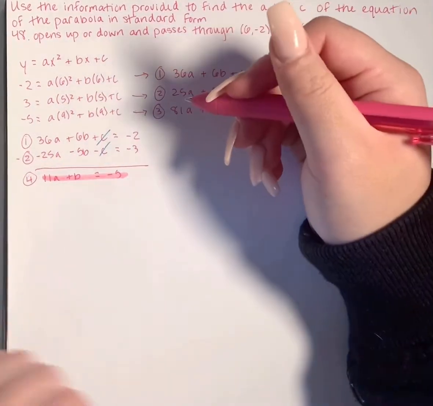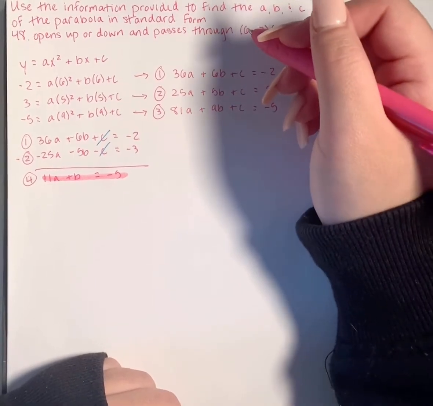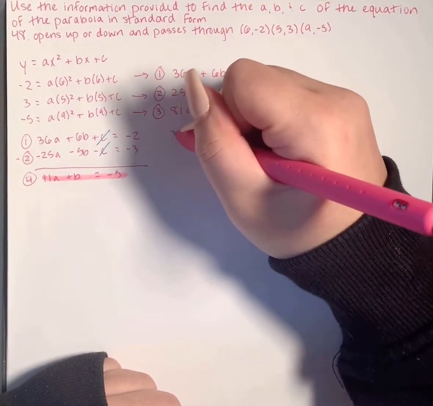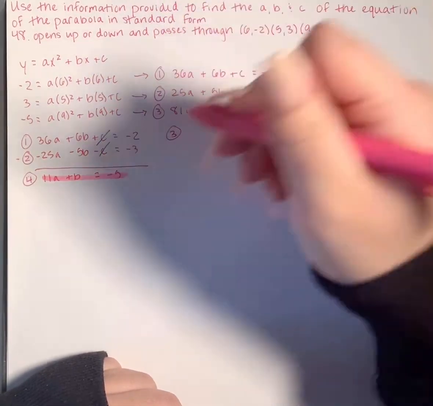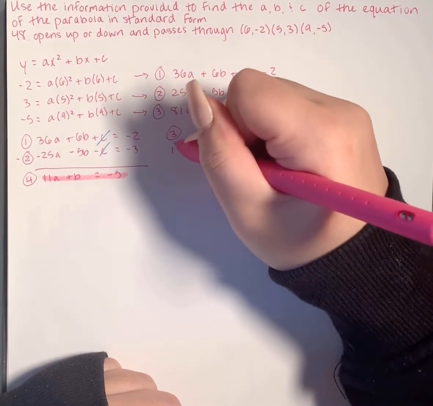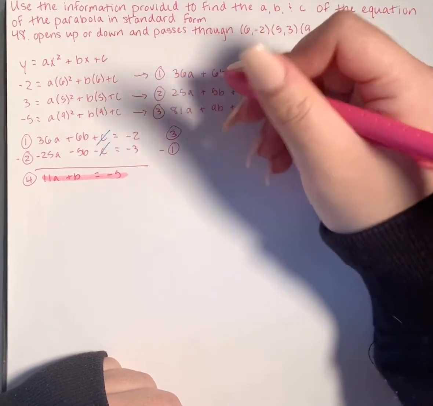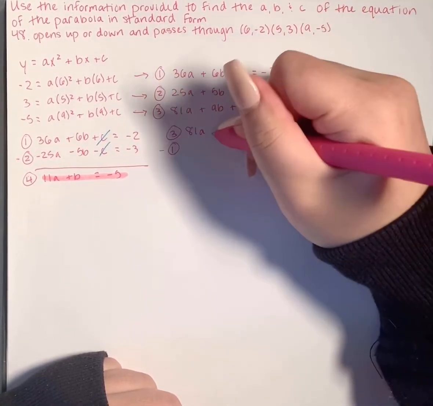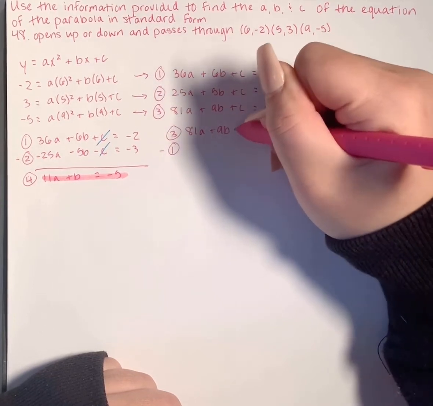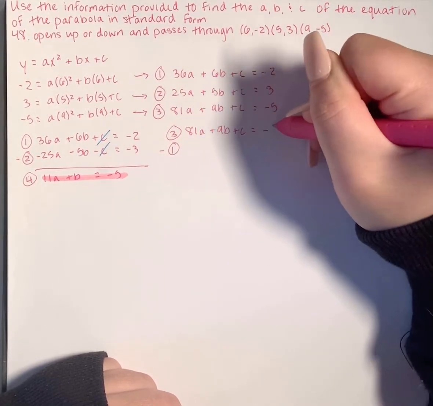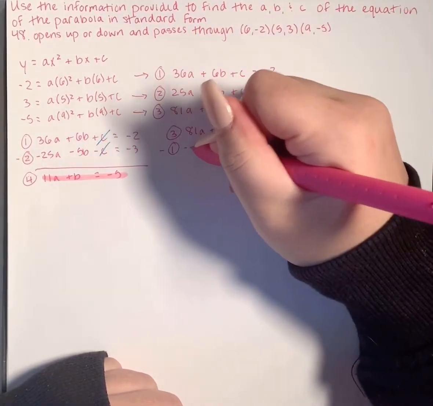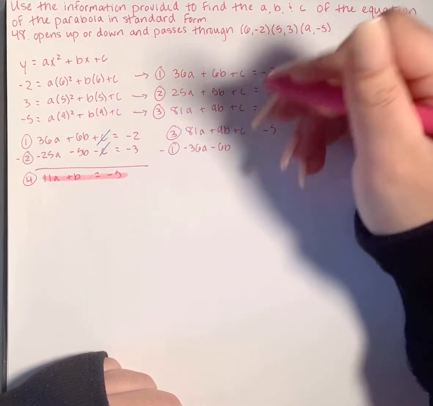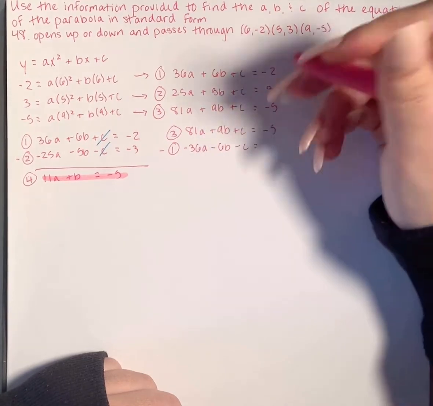And then we're going to take another two of our equations. So I'm going to take equation number 3 and negative equation number 1. Make sure you flip all the signs. So 81a plus 9b plus c equals -5. And then -36a minus 6b minus c equals 2.